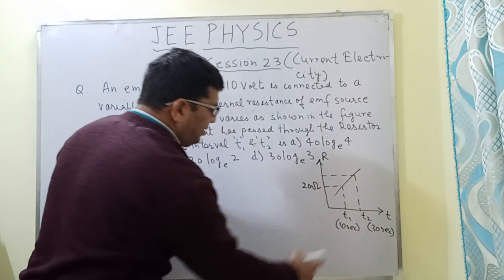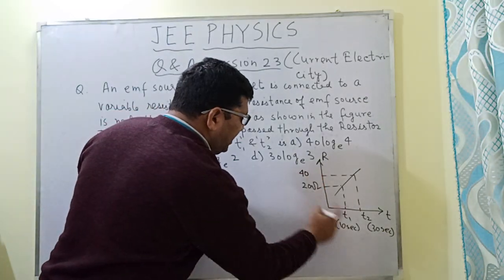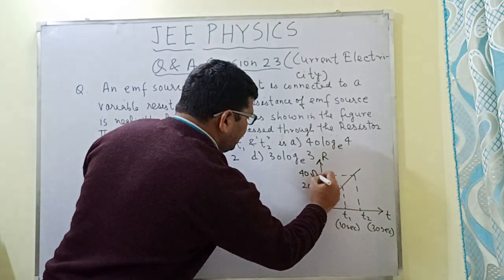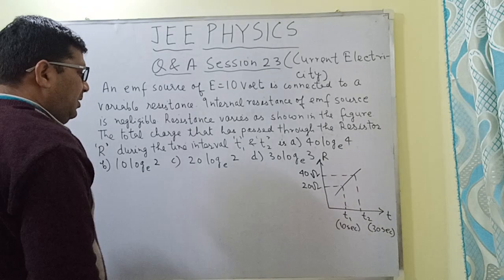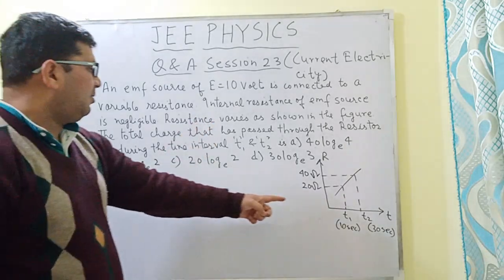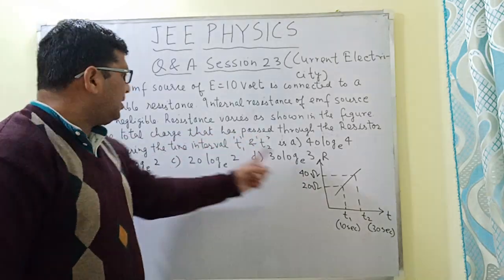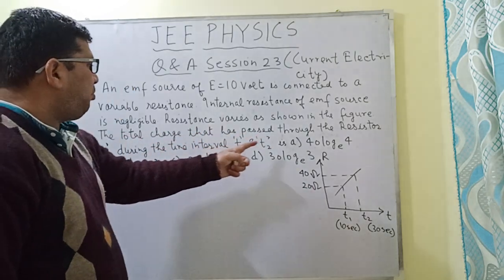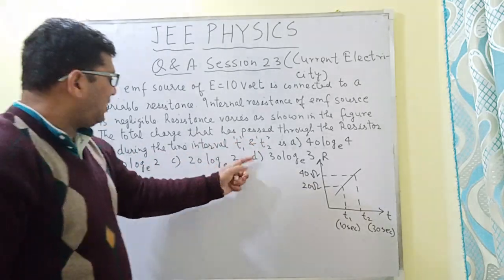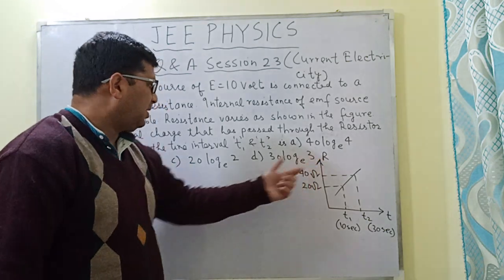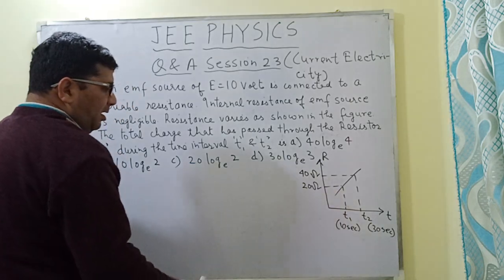At T1 equal to 10 seconds, the resistance is 20 ohm, and at T2, equal to 30 seconds, the resistance is equal to 40 ohm. The resistance varies as shown in this figure. The total charge that has passed through the resistor R during time interval T1 and T2 is. These are the four options which are given here, and we have to find the correct one.